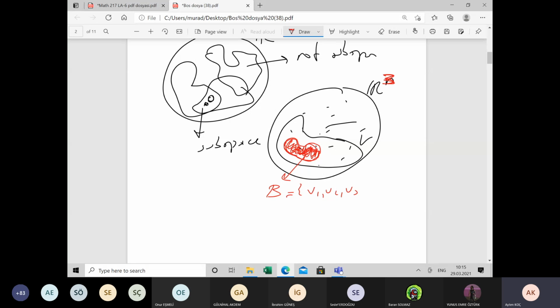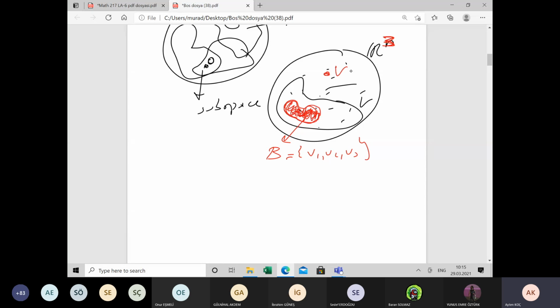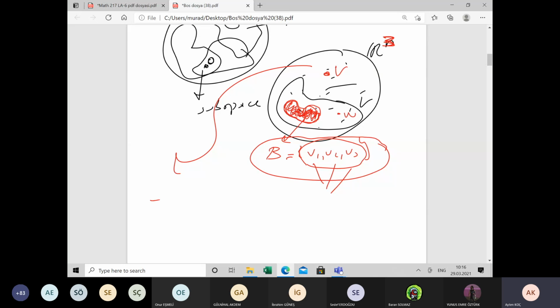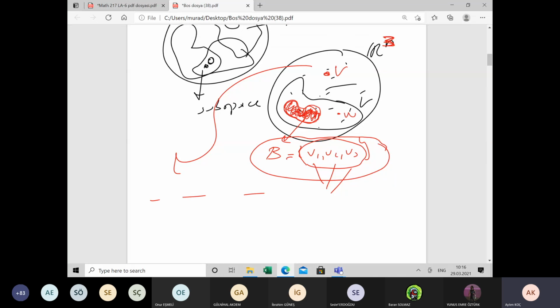Then every vector in W can be obtained using these 3 vectors. You don't have to write all of them. If we know v1, v2, v3, it is possible to compute all vectors, because every vector is generated by v1, v2, v3.